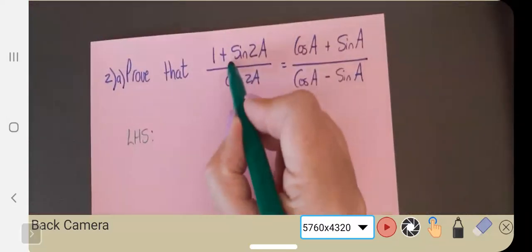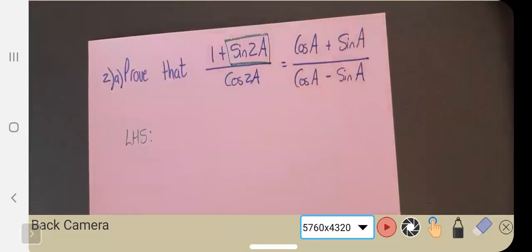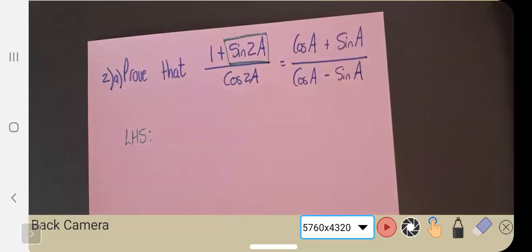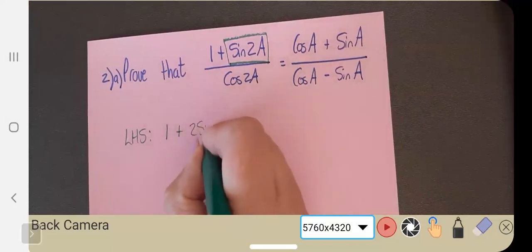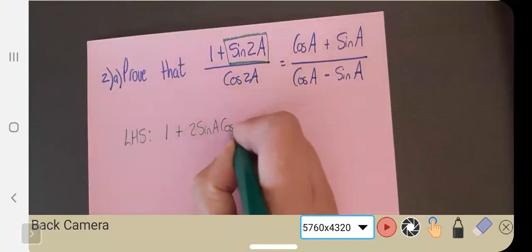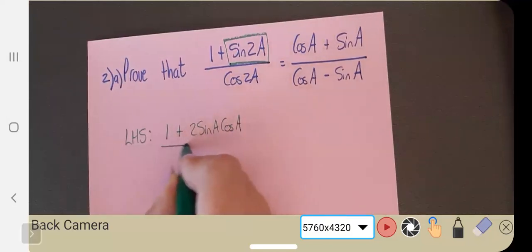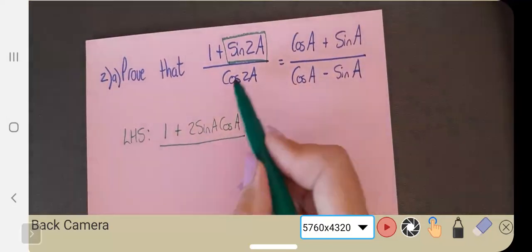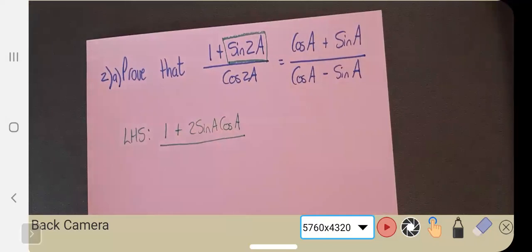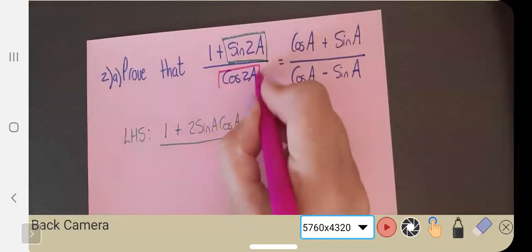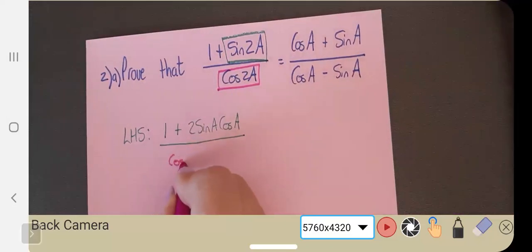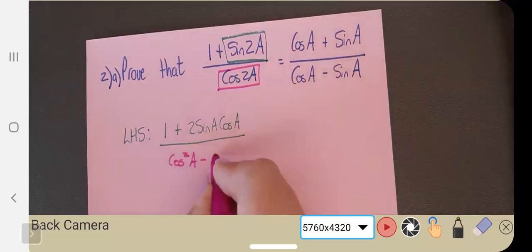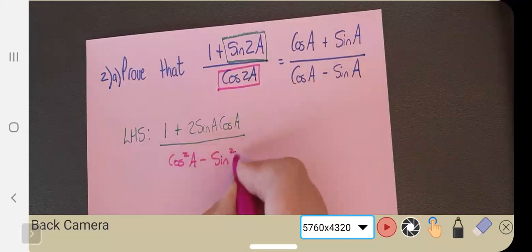This sine 2a can be broken up into 2 sine a cos a. So we have 1 plus 2 sine a cos a over cos 2a, which can be written as cos squared a minus sine squared a.